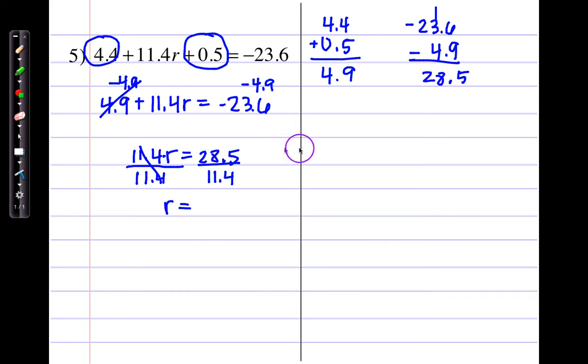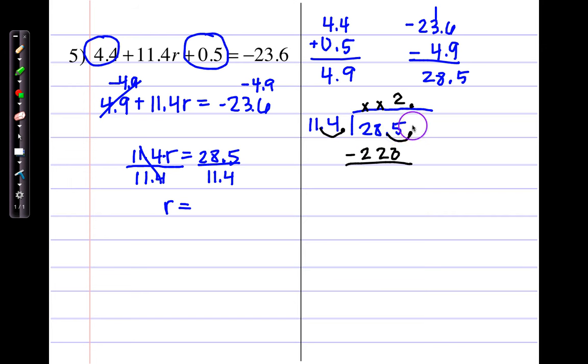I need to figure what this is, so I'm going to go ahead and do some division. We have 28 and 5/10 divided by 11 and 4/10. Before we can do the division, I need to move my decimal over once to the right, so I'm going to go ahead and do the same thing here. This cannot go into 2, cannot go into 28, but can go into 285 about 2 times, which is going to leave me with 22, 8 with a remainder of, let's see, 7, 5, then bring down a 0.